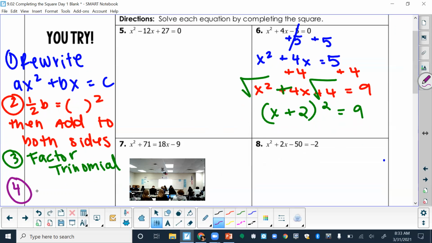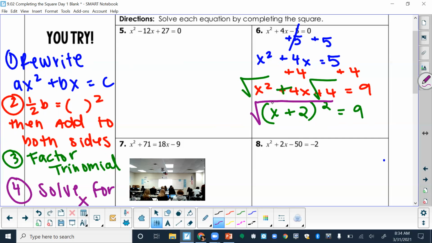The last step is simply solve for the x. Anytime that we're solving for x, we're undoing what's being done. So start with what's farthest from the x, which would be to the power of 2. What's the opposite of squaring something? To take the square root.